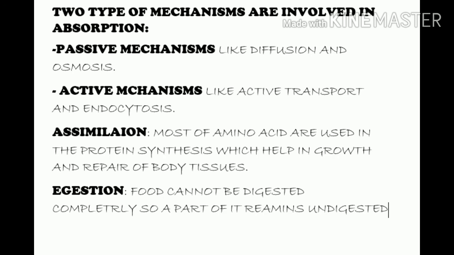Food cannot be digested completely, so a part of it, especially cellulose of plant food, remains undigested. The undigested food, along with water and excess enzymes, enters the large intestine. The large intestine absorbs the water and changes the undigested food into a semi-solid form.